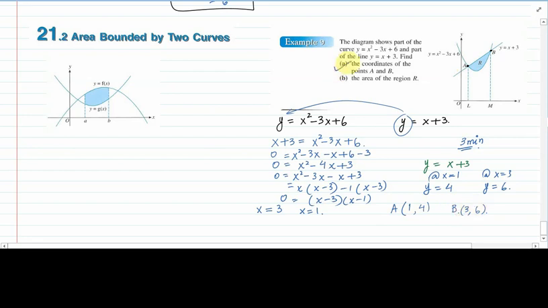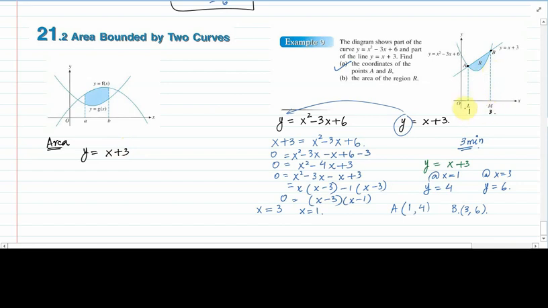After that we need to find out the area of the shaded portion. First we are going to find the area under the line here, right? The equation of line we have is y equals x plus 3, and you can see that the L and M coordinates will be the x coordinate of A, which is 1, and the x coordinate of B, which is 3.